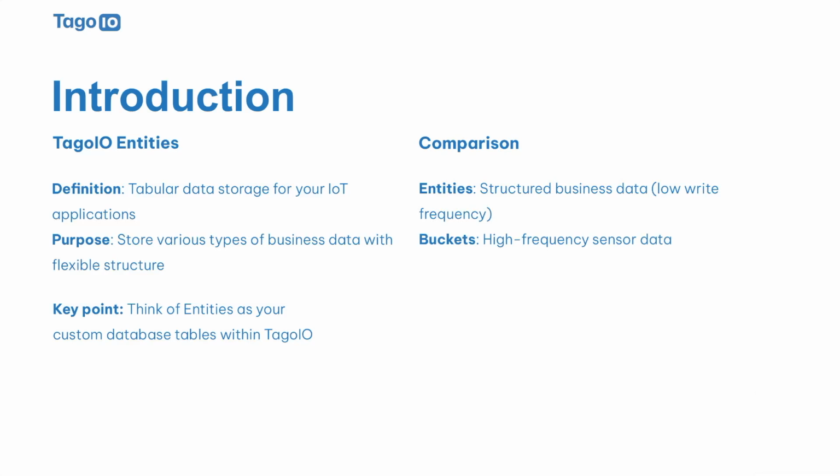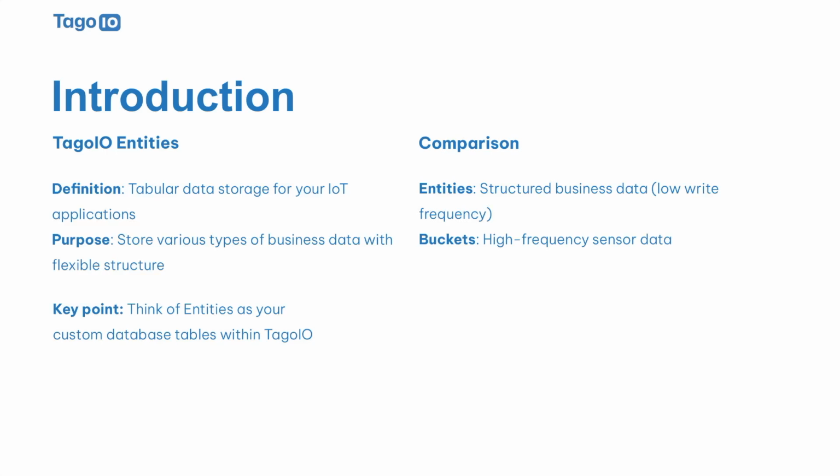Hello, everyone. So I'm Victor Lima. I work here on Tago developing applications for customers. And one of the features that we had released this year is the entity feature. So this feature is still in beta.